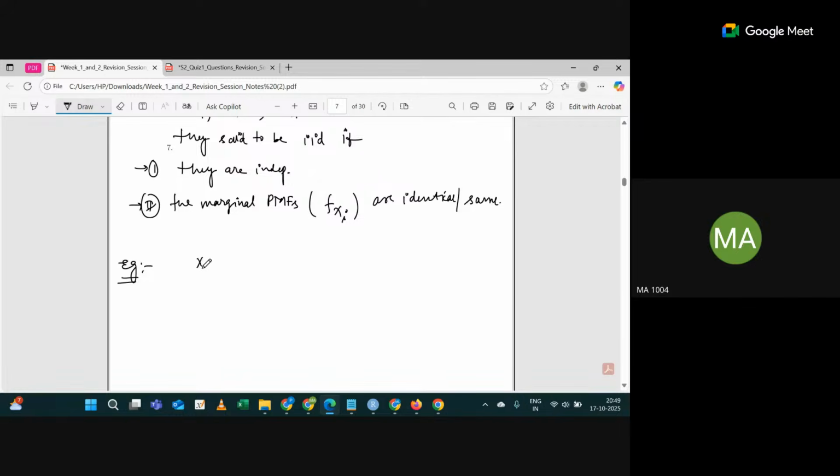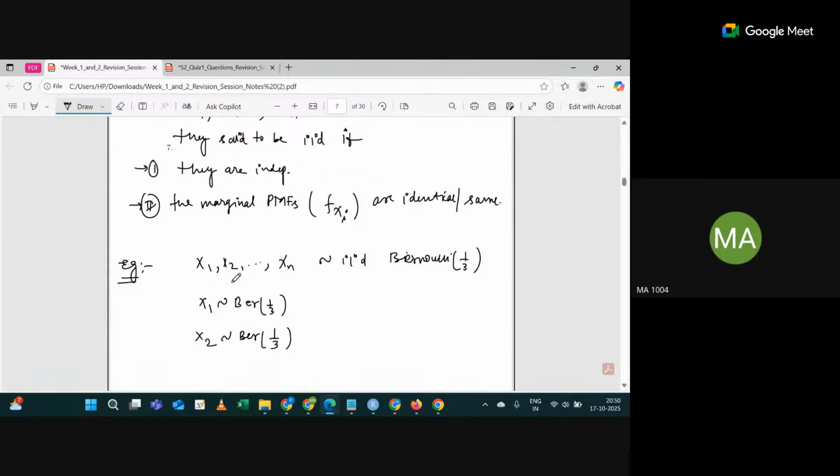Suppose I'm saying x1, x2, so on, xn are all IID. Let's say a very simple example, Bernoulli 1/3. So what is the meaning of this? It means x1 is from Bernoulli 1/3, and x2 is also from Bernoulli 1/3.